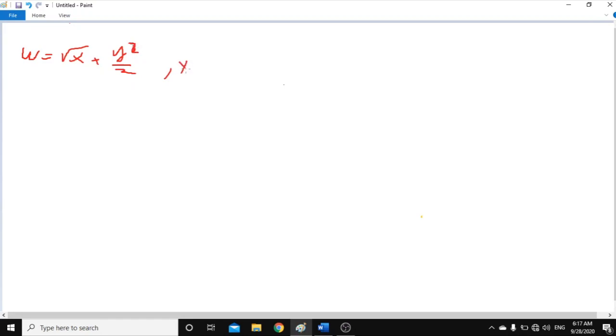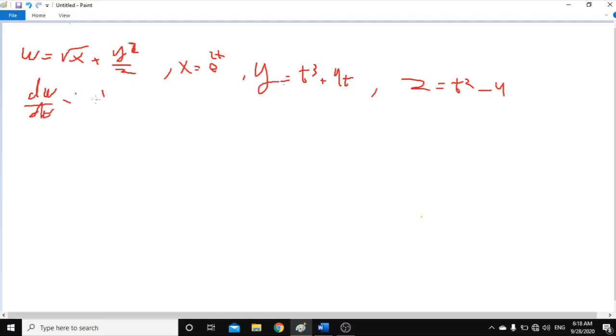It said that x is equal to e to the 2t, y is equal to t cubed plus 4t, and z is equal to t squared minus 4. And he wants you to find dw over dt, okay?